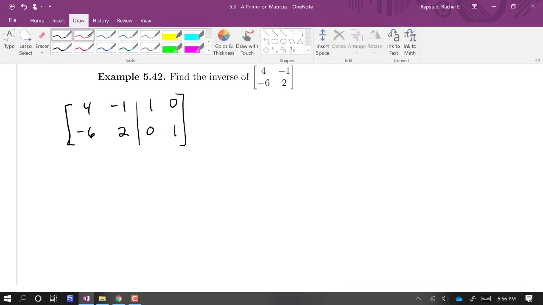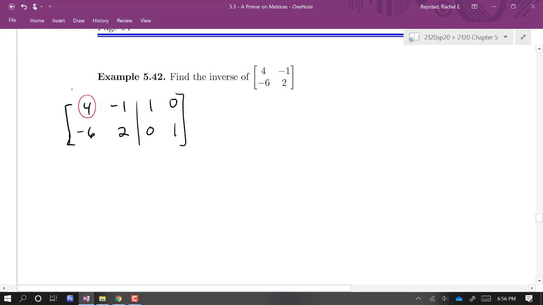Now what we want first, to begin with, we need a 1 here. And so the way I'm going to get a 1 is just by multiplying that top row by the reciprocal of 4. I'm going to multiply row 1 by 1/4. So 1/4 times row 1, putting that into row 1. Row 2 is not going to be changed in this process. So there's row 2, same as it was.